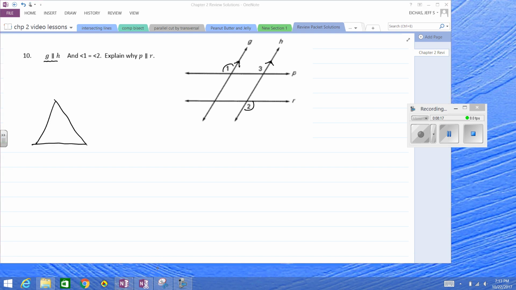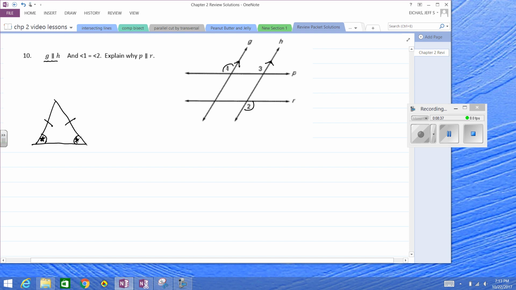We try to mark the diagram to keep track of that stuff, so we put an arc in there. That indicates that these two are congruent angles. Arcs are for angles, the slashes are for segments. We'll do that a lot this year.